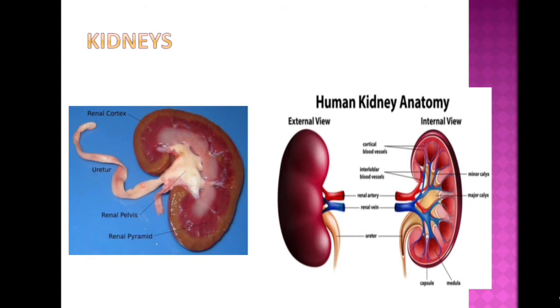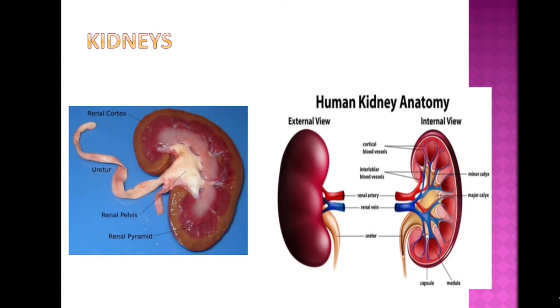The kidney is one of the main excretory organs of the human body. Each kidney is bean shaped and reddish brown, and it is located in the abdomen, one on either side.